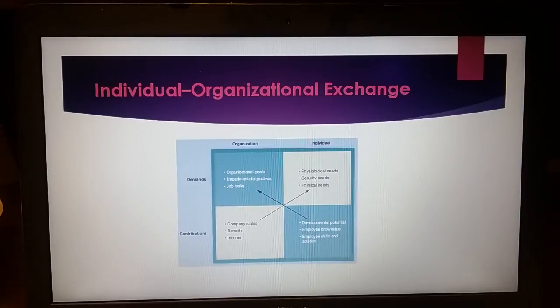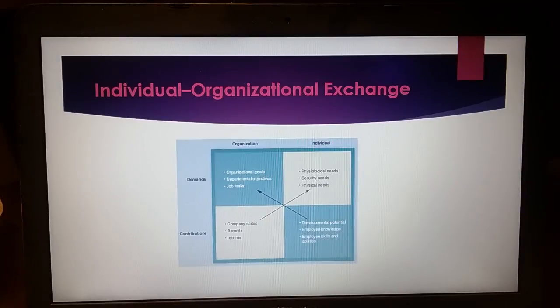So there's the organization and the individual, and what's demanded of you and what you contribute, and is there equality between those things? For example, the individual is contributing their knowledge, but the organization in return has to give them commensurate objectives and tasks.